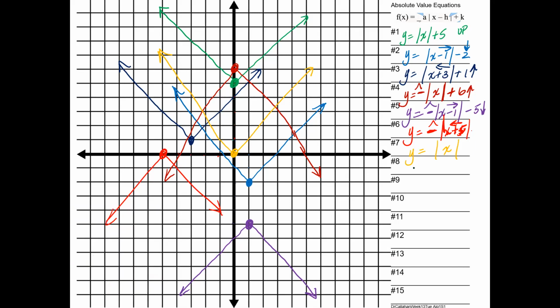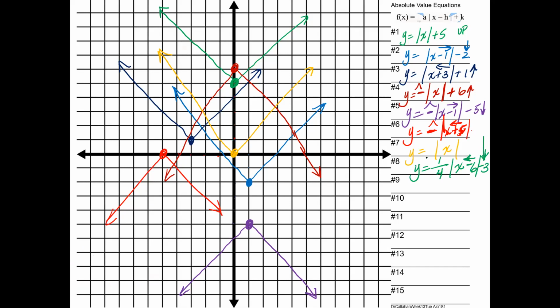Okay, here's the next one. y equals 1 over 4 absolute value of x minus 6, minus 3. That's a little bit different, huh? So you're going to go down 3, and go to the left 6.